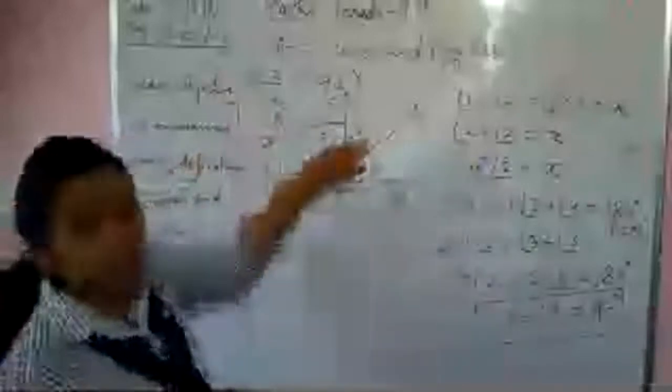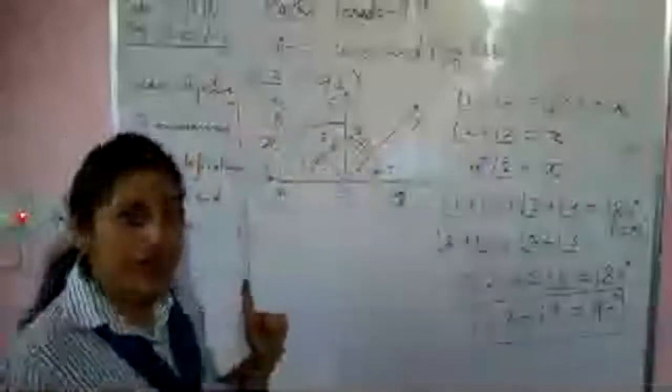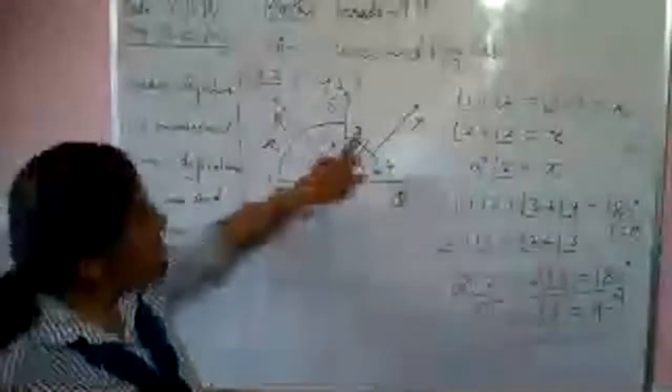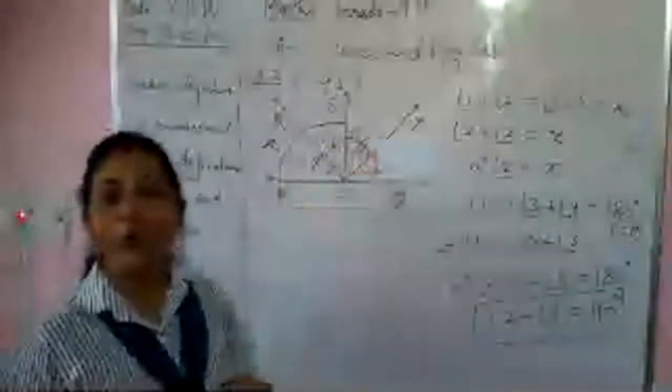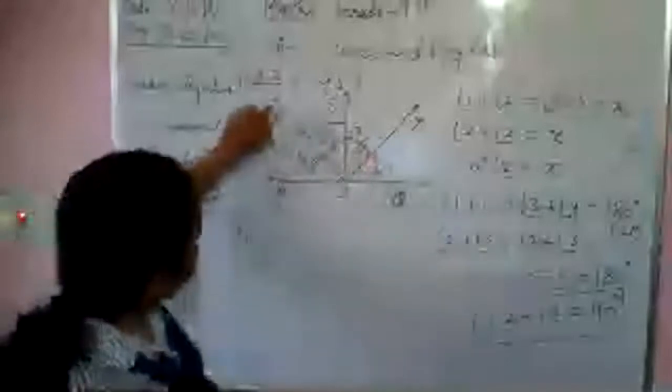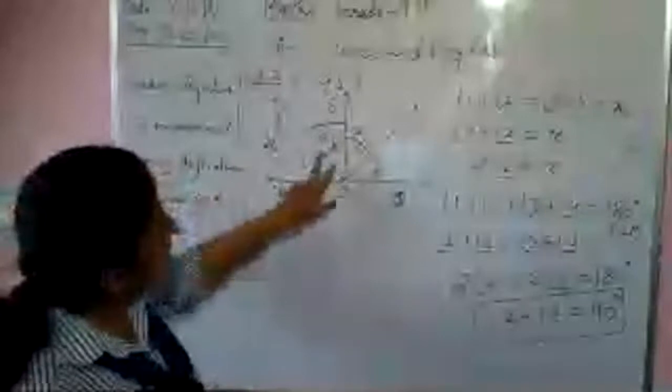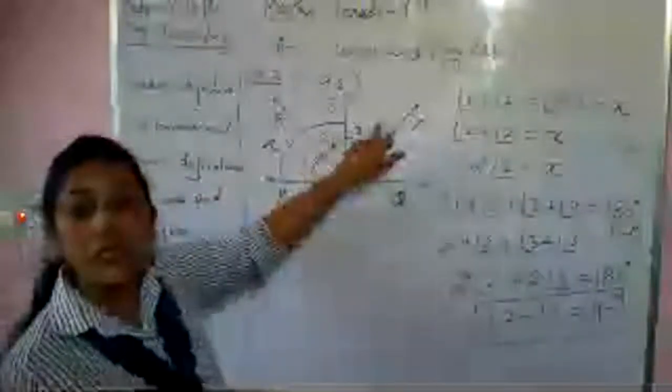I'm explaining again what is given in the question, that OR and OT are the angle bisectors, and therefore angle 1 and angle 2 are equal and angle 3 and angle 4 are equal. You have to find the value of angle ROT. That means you need to find the value of angle 2 plus angle 3.